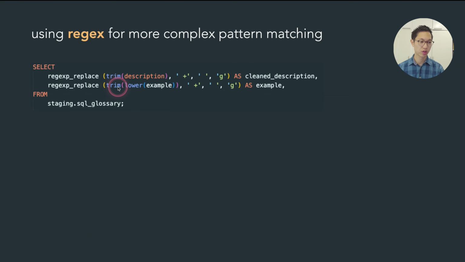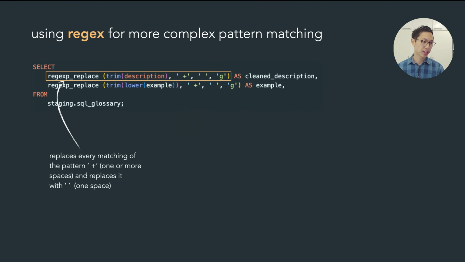And here I do a similar thing, but with lower, so we make it lowercase as well. Here it replaces every match of the pattern, which is a space plus, right? One or more spaces, and replaces it with one space. This is a way to clean data when we have several spaces and an irregular number of spaces. I'll show you that in an example later on in the coding, where we'll try to do this.